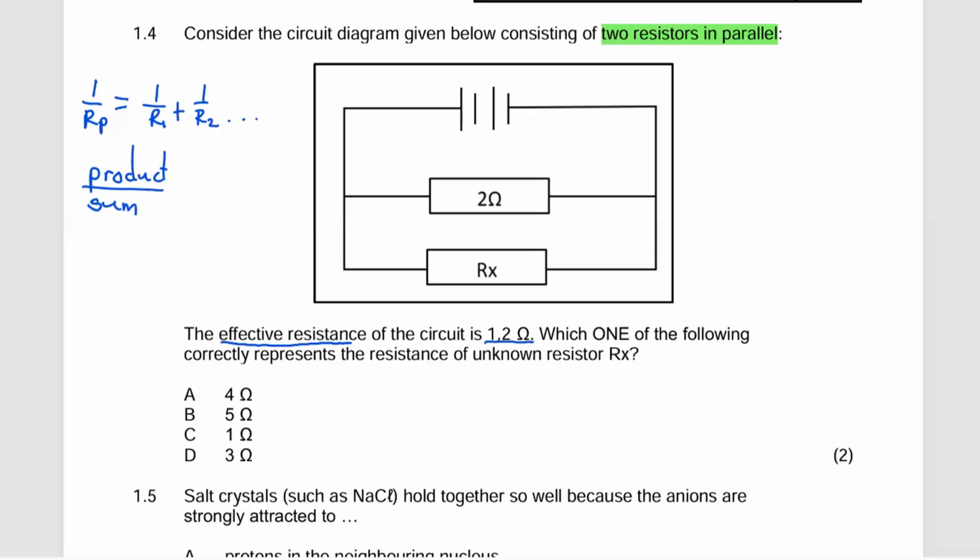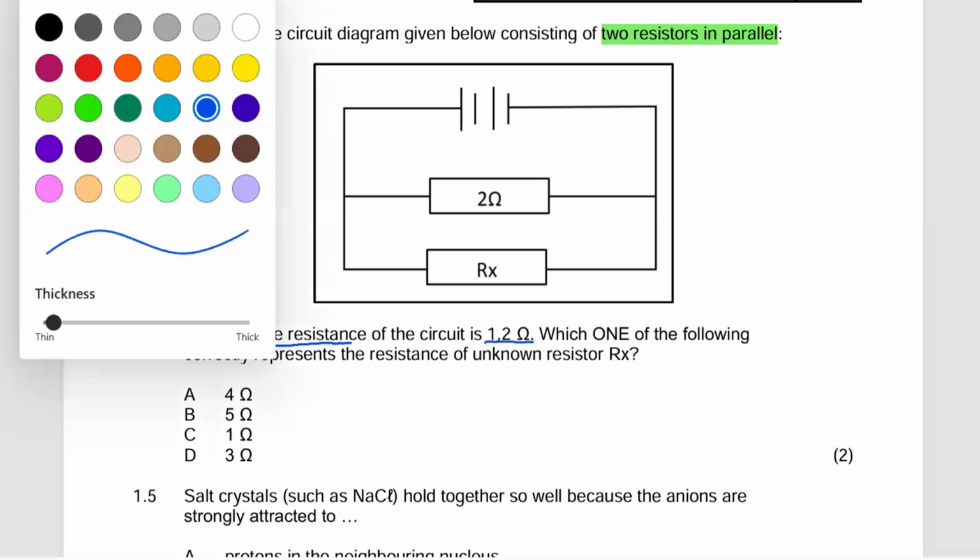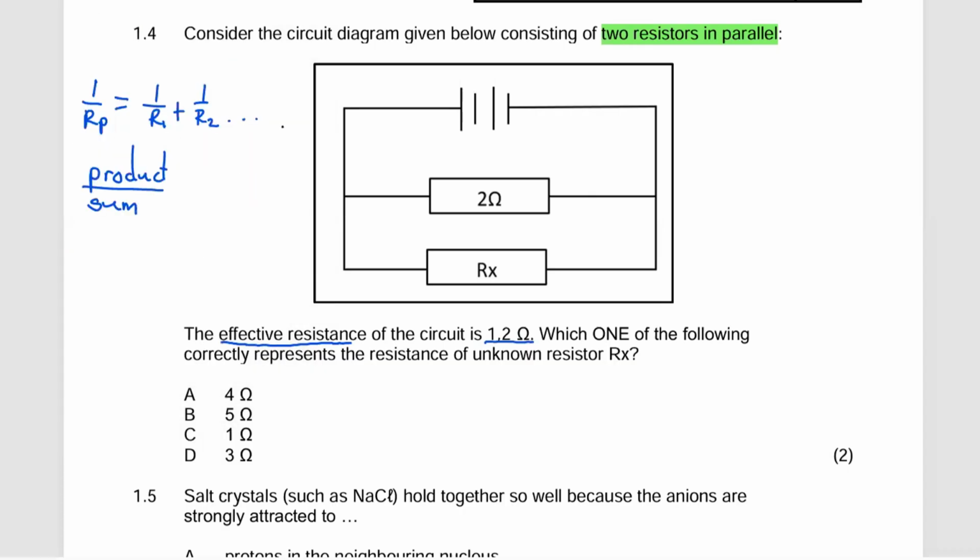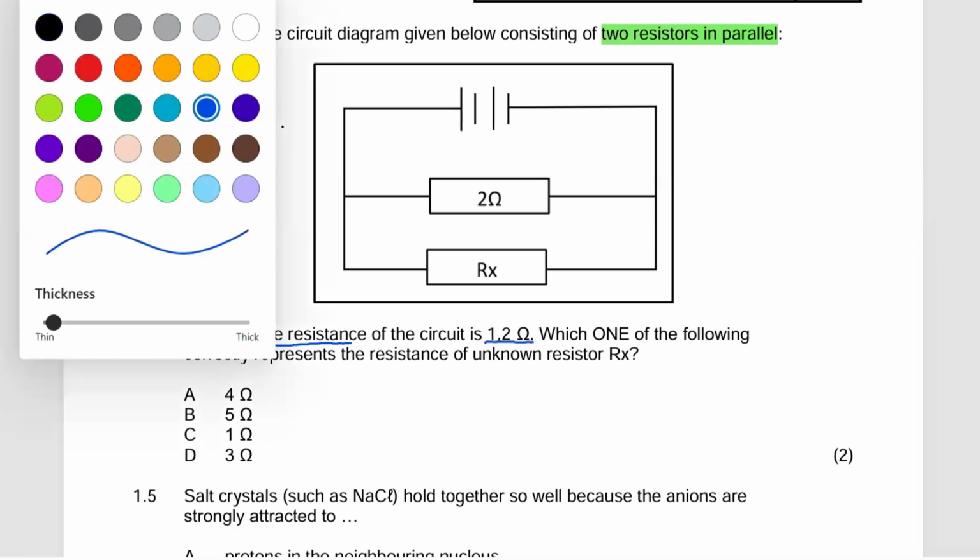Please do take note that this one is only applicable when we're having two resistors in parallel, and again, it's not on your data sheet. The one that you're actually going to find on your data sheet is the first option, but however, I will opt for the second option for now to work out this information.